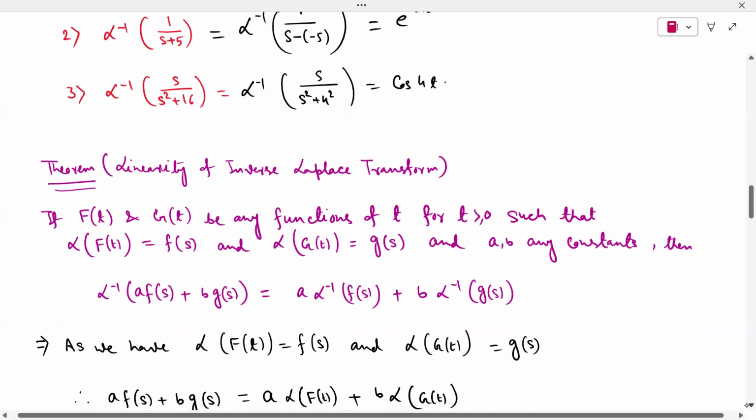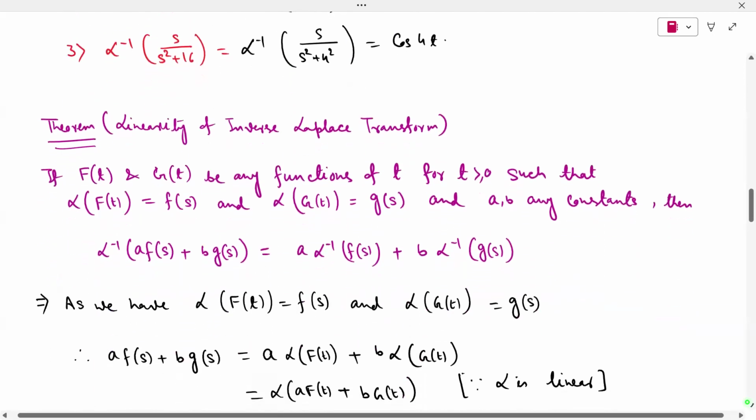Okay, next another theorem, linearity of the inverse Laplace transform. This formula comes from the linearity property of the Laplace transform, very similar to that. What is this statement?